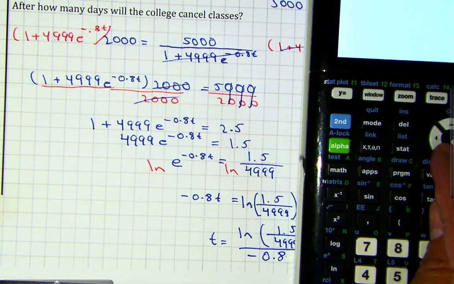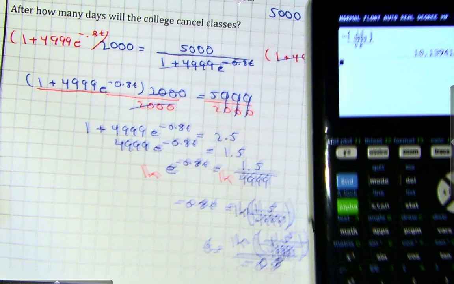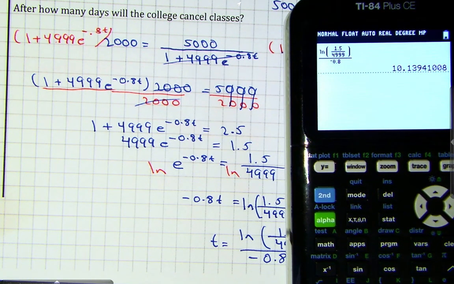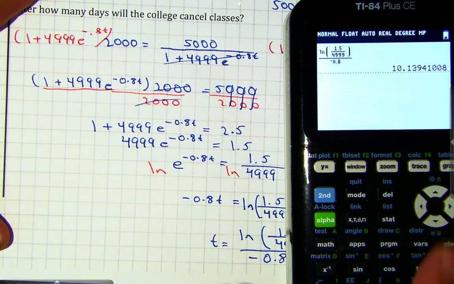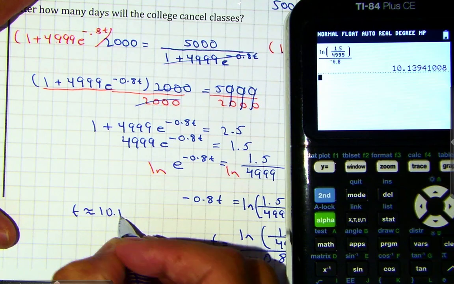Close my parentheses, negative 0.8, and it gives me the correct answer. So t is approximately 10.14.